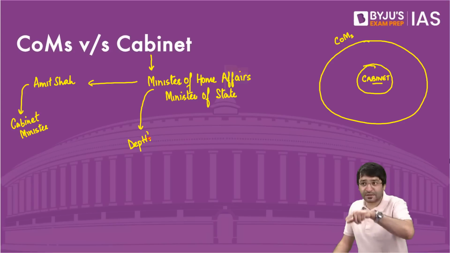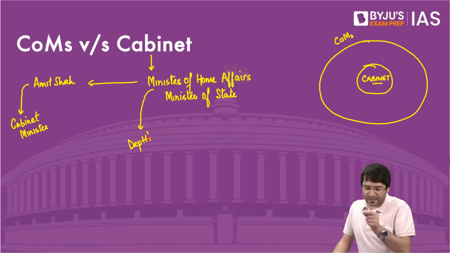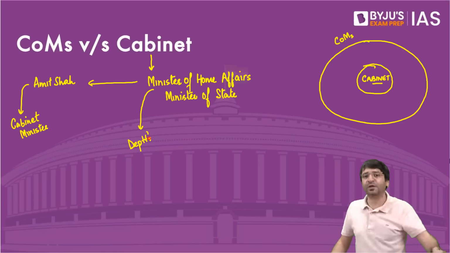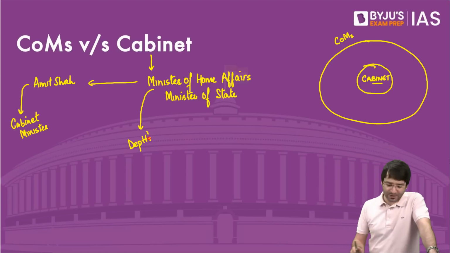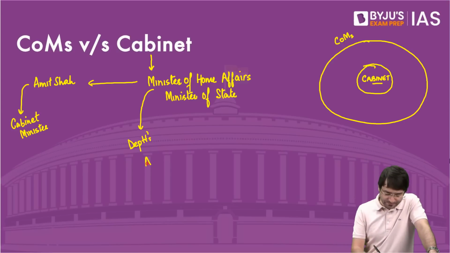Now, if there is an individual minister who is part of the Council of Ministers, appointed by the President on the advice of the Prime Minister, if he or she is in charge of one or more departments within the ministry, we call him Minister of State. For example, Mr. A.K. Mishra. For example, Mr. Nishit Pramanik.